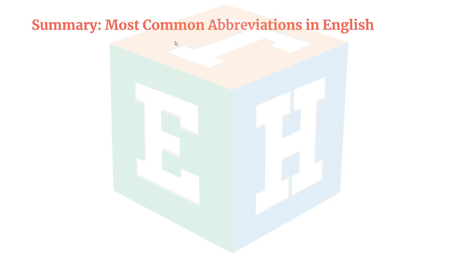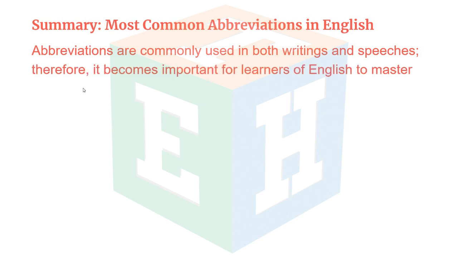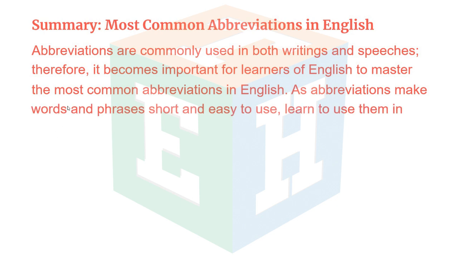Summary. Most common abbreviations in English. Abbreviations are commonly used in both writings and speeches. Therefore, it becomes important for learners of English to master the most common abbreviations in English. As abbreviations make words and phrases short and easy to use, learn to use them in your writings and speeches.